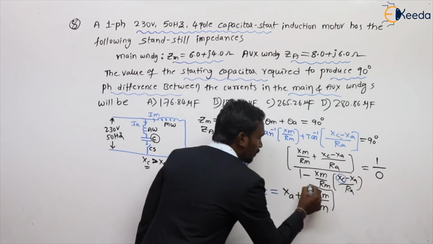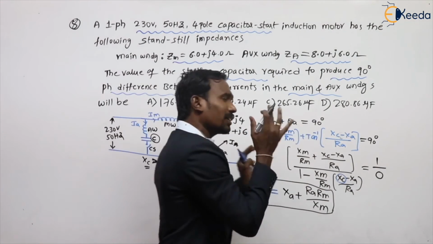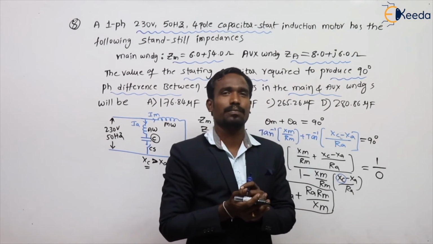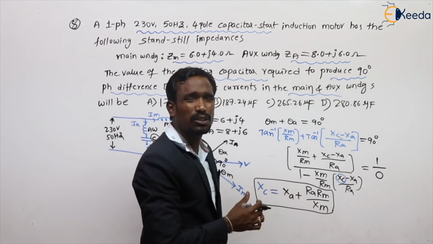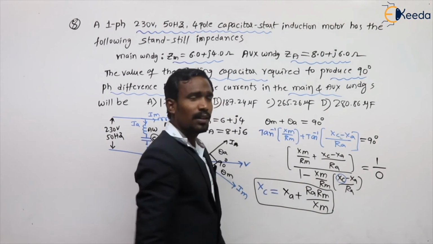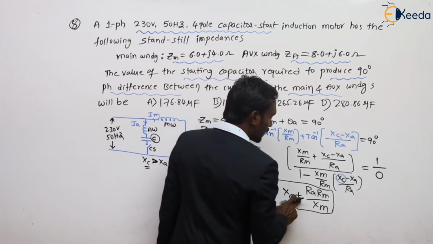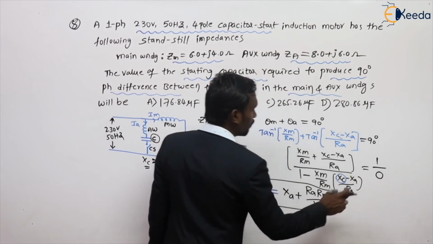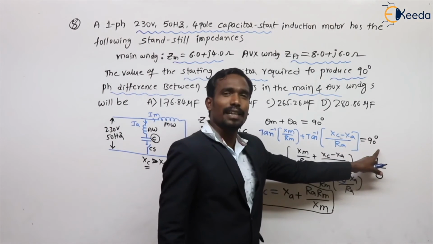This is the formula you should remember, and don't do all these calculations again in your exam. You have to substitute all the values here, which is very difficult to solve. That's why I simplified this equation. The simplified equation is Xc equals Xa plus Ra Rm by Xm. This is the capacitive reactance required to get 90 degrees.